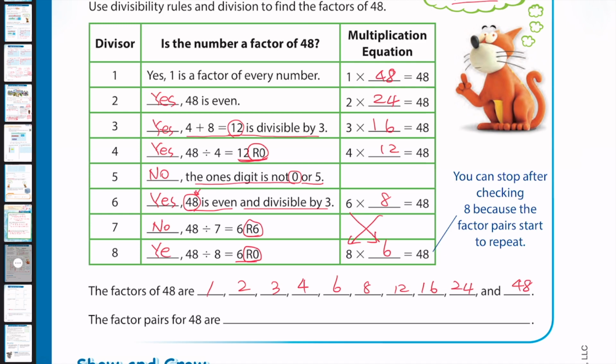The factor pairs for 48 are 1 and 48, 2 and 24, 3 and 16, 4 and 12, and 6 and 8. That's it. You don't have to write 8 and 6 again. That's basically the same. Commutative: whether you change the order, the product will be the same.